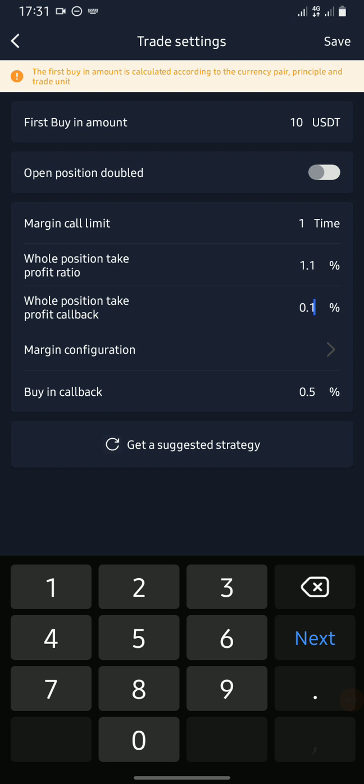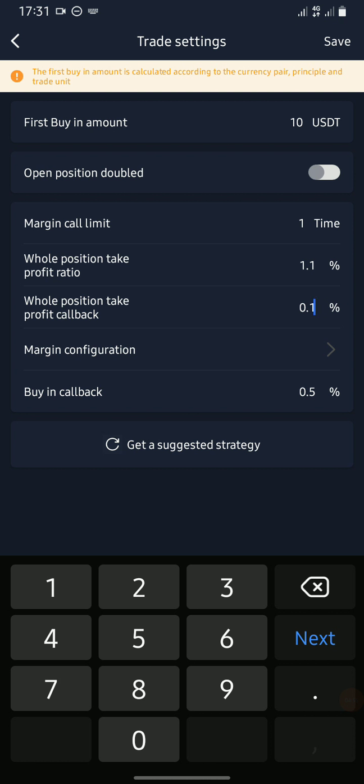Let's say for example this coin now rises by 5%, it will go and take my profit at a callback of 0.1 here. So automatically I'll be having 4.9% profit instead of just 1.1%. So I love to put it on 1.1 just in case it doesn't get to 1.3 before it calls back. I still take my profit.